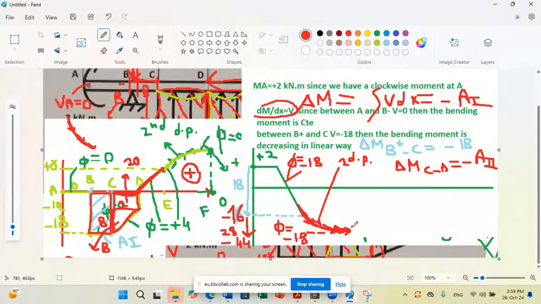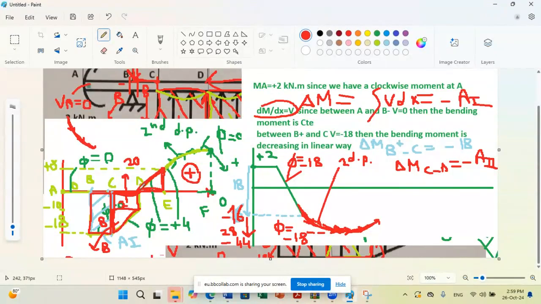Since we have an increase in slope, when we draw the variation, we have an increase in slope, so the concavity is upward. To know what moment value we reached, we need to calculate the area of this triangle.